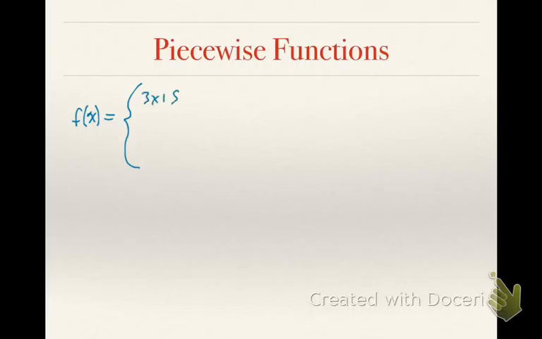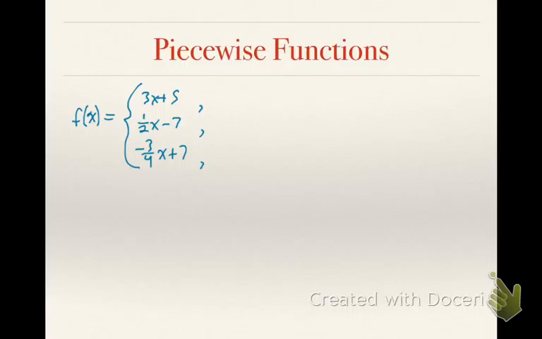So you could see something like this. 3x plus 5 is one equation. Maybe 1/2 x minus 7 is another equation. And maybe -3/4 x plus 7 is another one. Now, to make it a function, you can only have one output for each input. So you have to use elements of the domain that do not repeat.